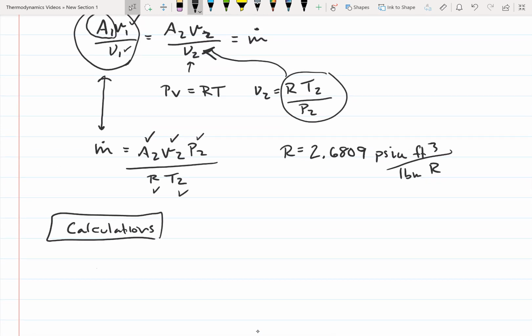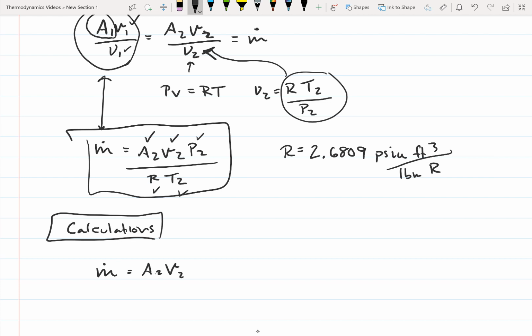Okay, so now let's solve for the mass flow rate. So the mass flow rate is equal to, we already wrote this equation for it, A2, the velocity at 2, P2 over RT2. So now we can just start plugging in some numbers.